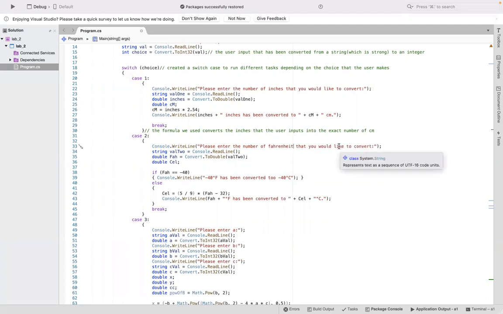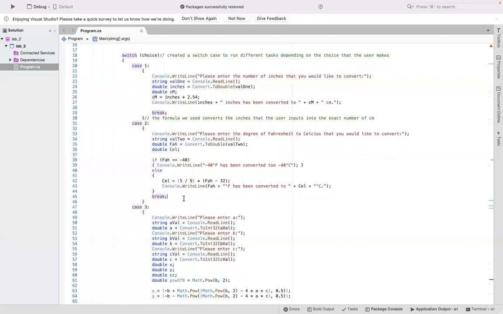Fahrenheit to Celsius. The degree of Fahrenheit. Please enter the degree of Fahrenheit. Yeah, the little things like you said. Oh, it's actually good. Okay.